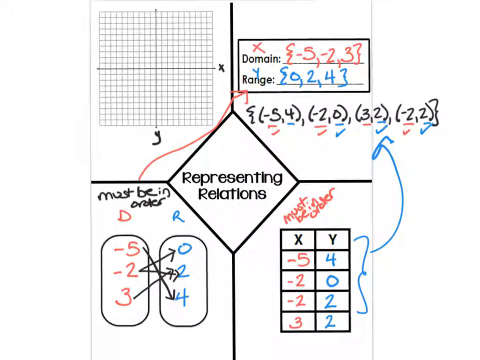So we go left 5, and we go up 4. And my point is right there.